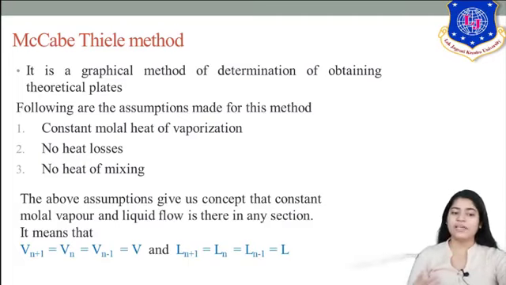Based on these assumptions you can say that Vn+1 = Vn = Vn-1, and the same for liquid also. It means the flow rates of vapor and liquid for all the stages are constant. Whether it is for the n+1 plate or the n-1 plate, the vapor flow rate and similarly the liquid flow rate would be the same.